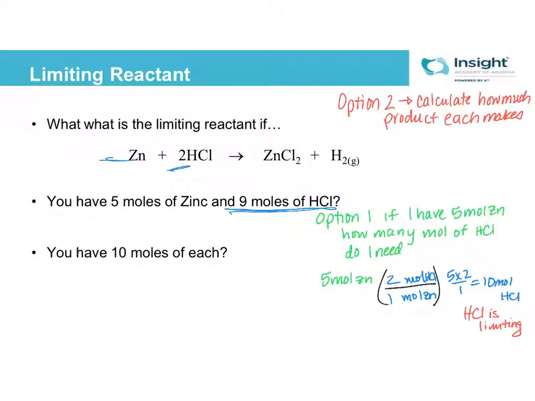So for option 2, you're going to calculate how much product each reactant makes. You're going to do 1 calculation with your 5 moles of zinc, and 1 calculation with your 9 moles of HCl.